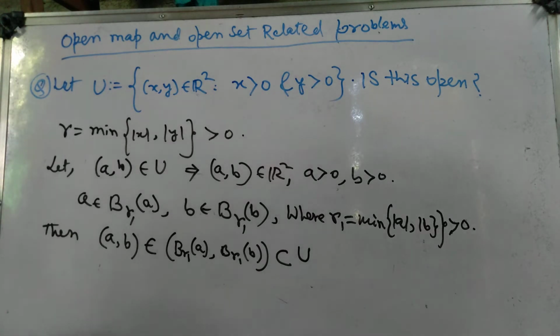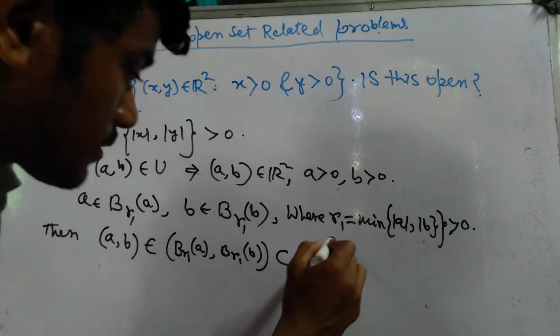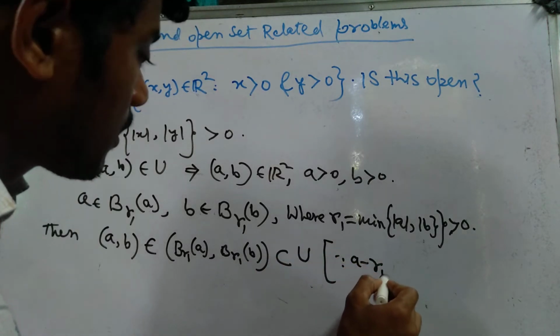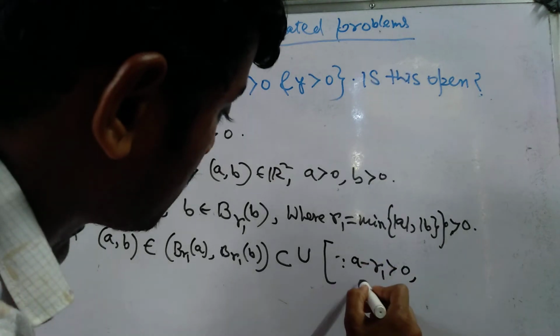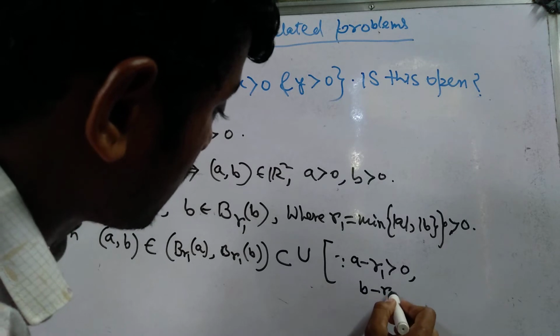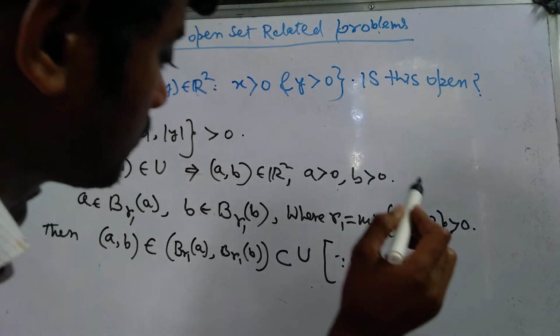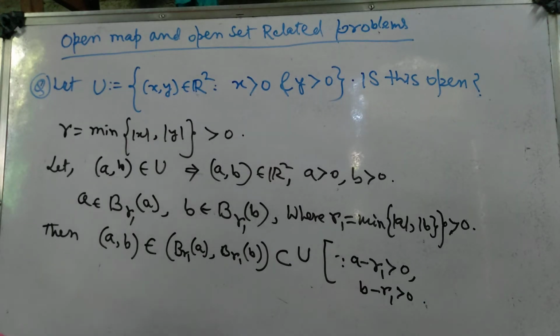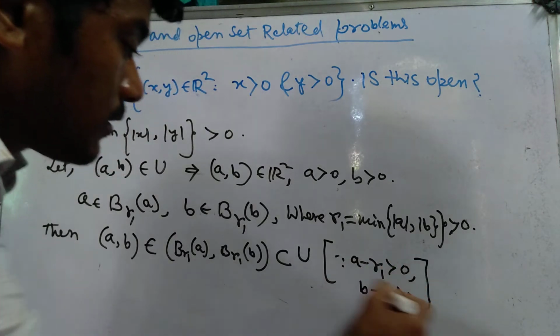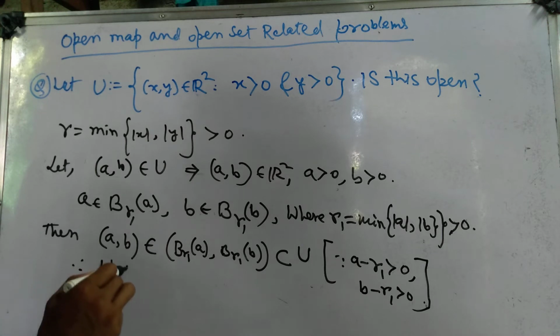Since a minus r1 greater than 0 and b minus r1 greater than 0, if this is possible, then this is a subset of U. If this was not possible, then this is not a subset of U. Okay, if this is possible, then U is open.